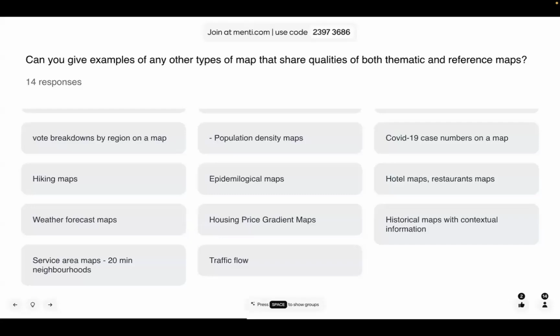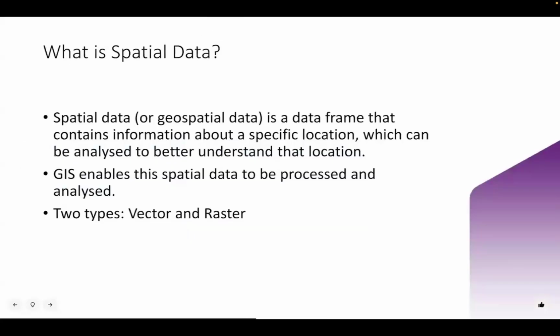Great. Now we've had a pretty in-depth understanding of what these two types of maps are from our GIS systems. We're going to move on now to looking at the differences in spatial data. So what is spatial data? Spatial data, in short, is simply a representation of the real world.